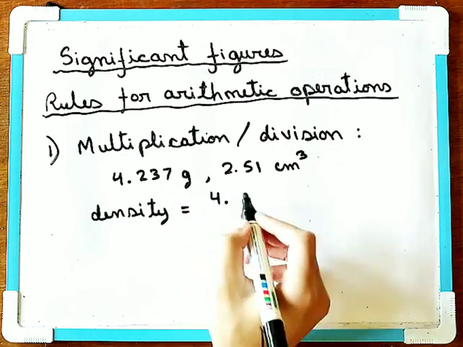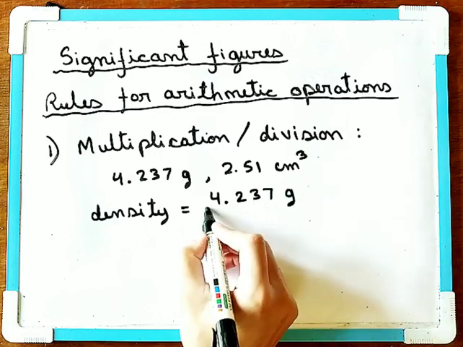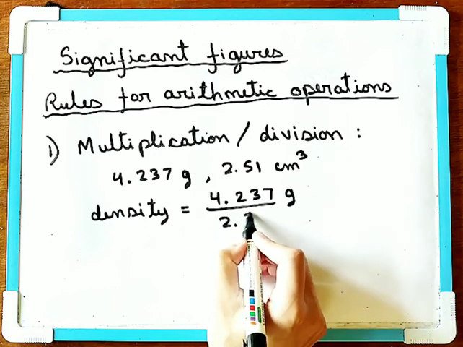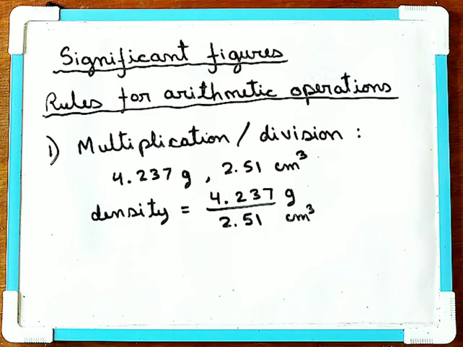So mass is 4.237 grams and volume is 2.51 centimeter cube.